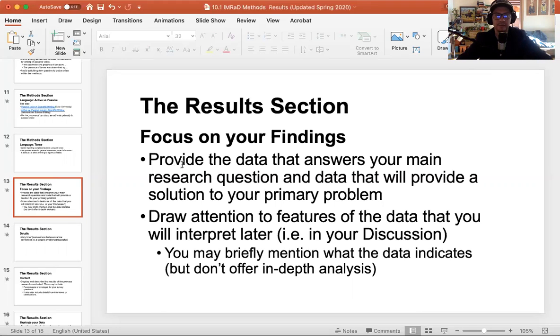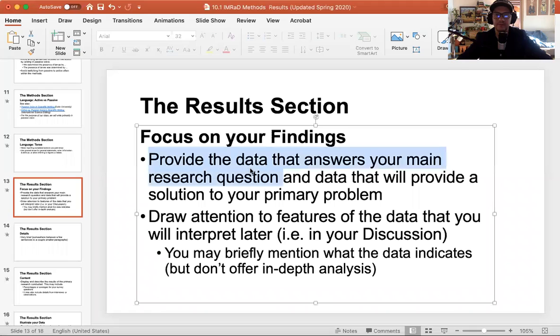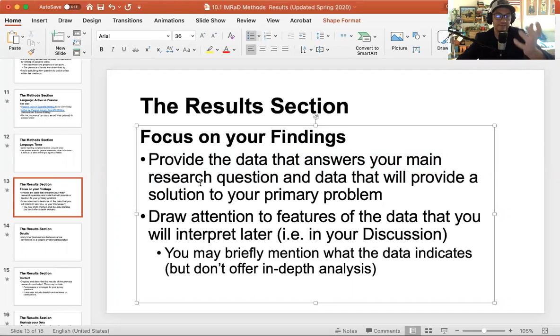Okay, so specifically, you're providing answers that help answer your research question. They help inform us that your problem is a serious problem, or maybe they draw attention to possible solutions to your problem. Okay, or other features that you'll later interpret.